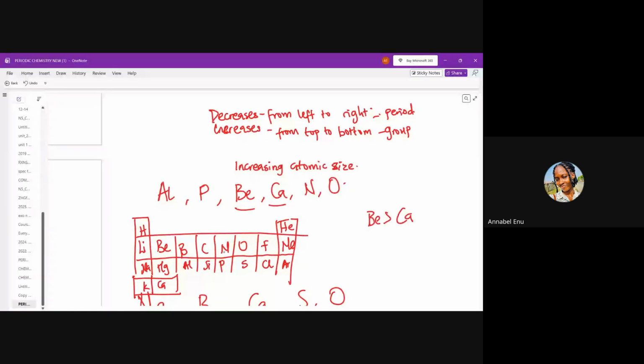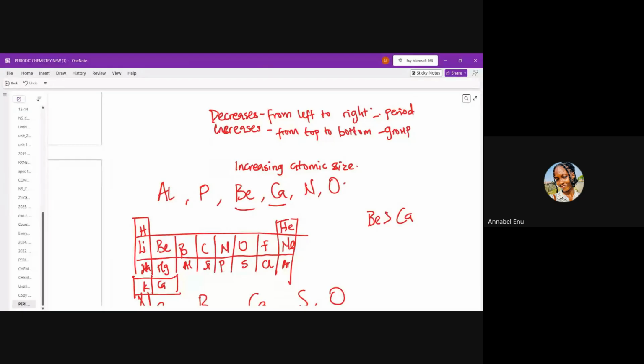So since we have seen the relationship between those two, beryllium is less than calcium. So we have written out the relationship between these two. Now we see nitrogen and phosphorus are in the same group. We also know that phosphorus has a higher size than nitrogen.